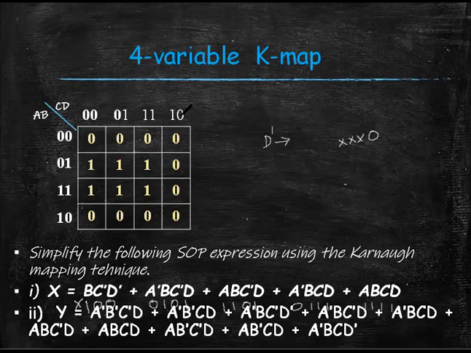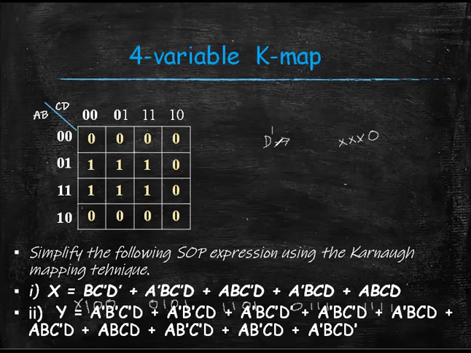Then we have to put 1 in the positions of D bar. D bar is CD here, then it is the position of D bar, and it is also the position of D bar. Then we can put all ones here, 4 ones, and here also 4 ones.